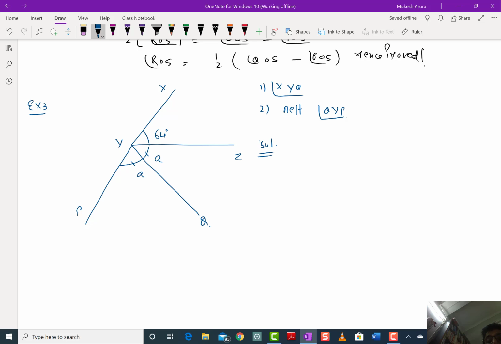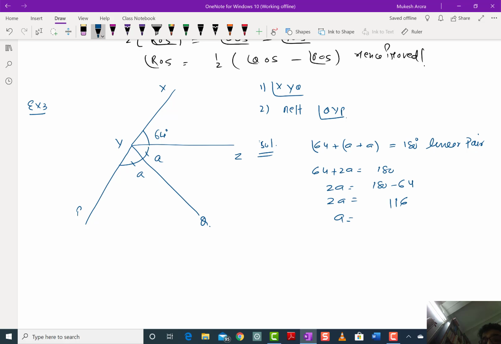So we will write angle 64 plus A is equal to 180, linear pair, or 64 plus 2A is equal to 180. 2A is equal to 180 minus 64. 2A is equal to 116.